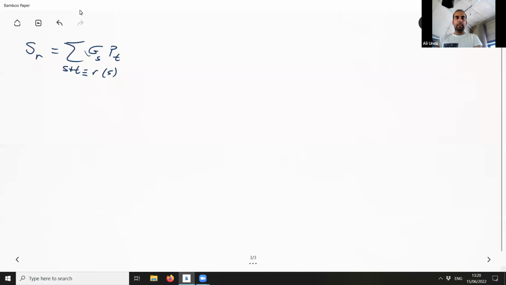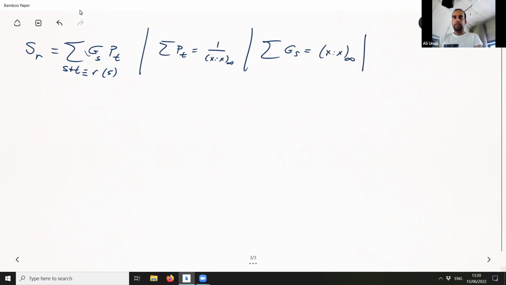We already said that the sum of PTs is this 1 over X infinity. The sum of GS is this X infinity. So their product is 1. So these are all the information that we need for now.